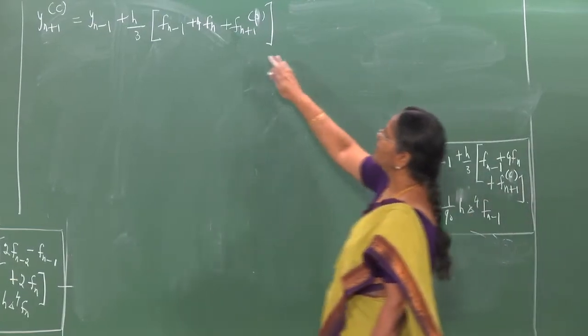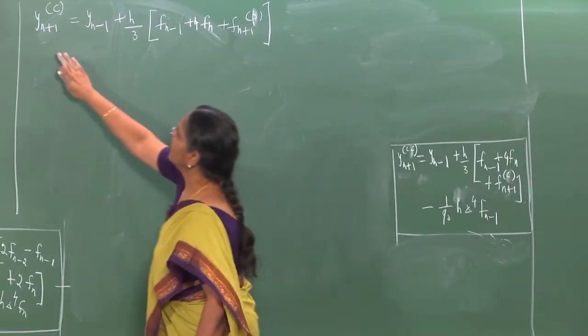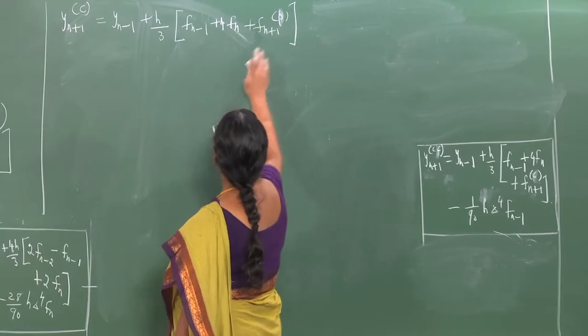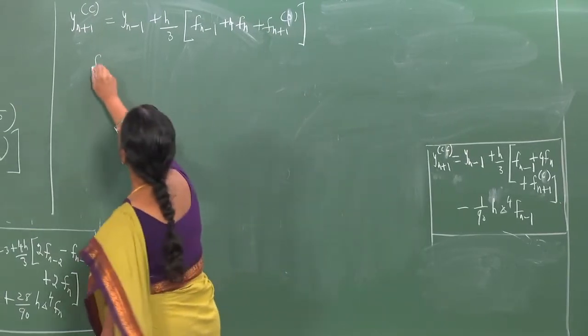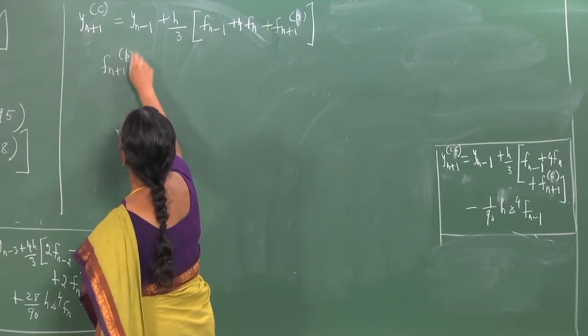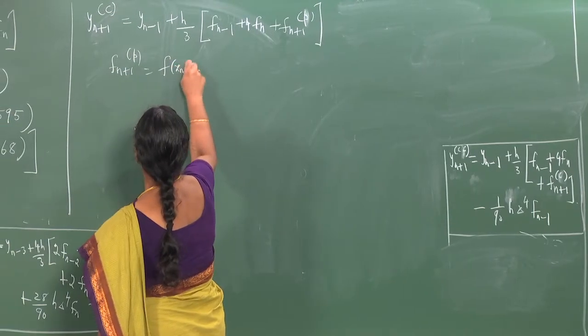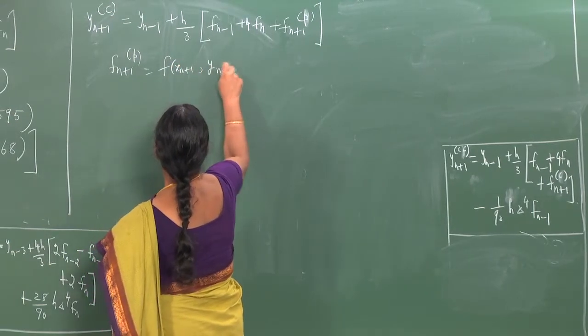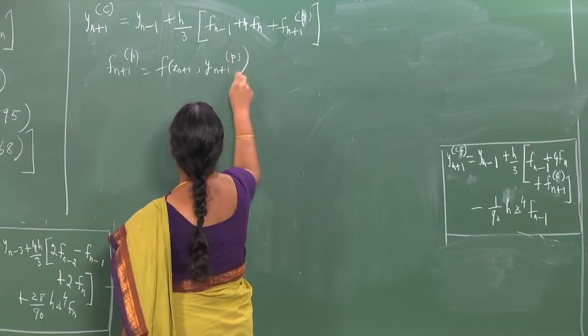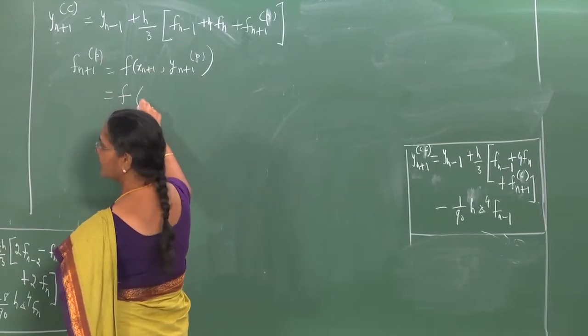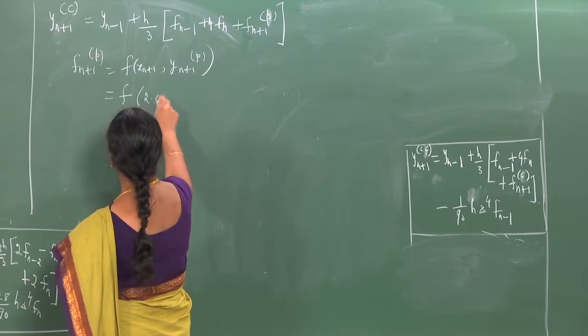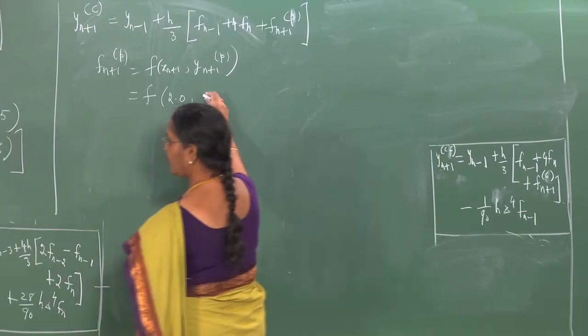So, make use of this corrector and then get the solution. What is this fn plus 1 predicted value? That is f of xn plus 1 yn plus 1 predicted. So, that is f at, what is xn plus 1? 2. What is yn plus 1 predicted?